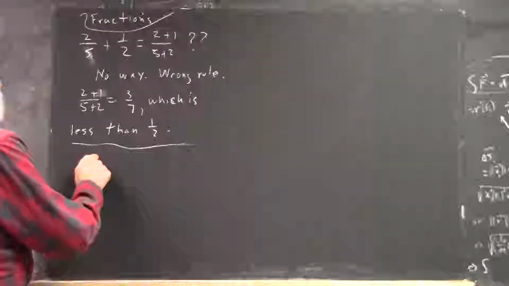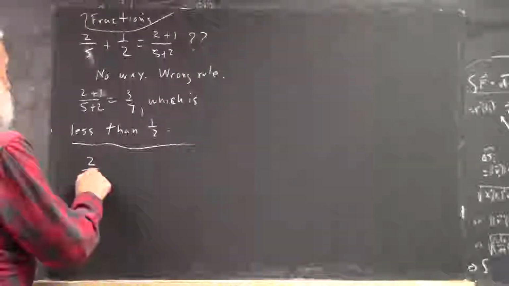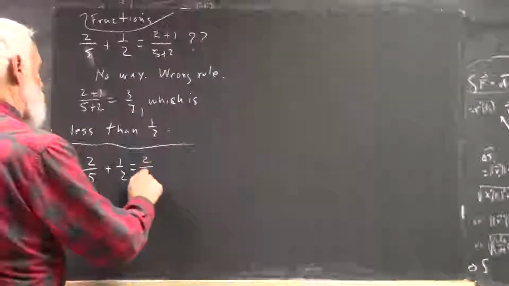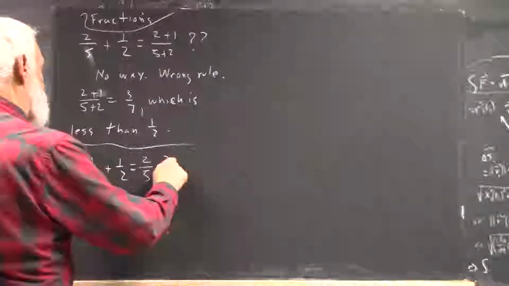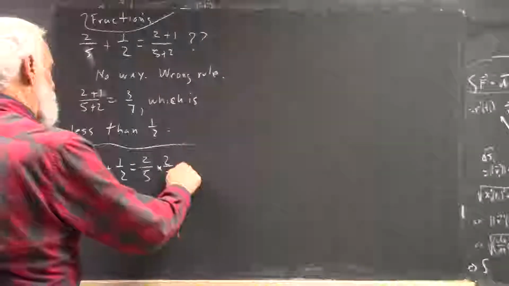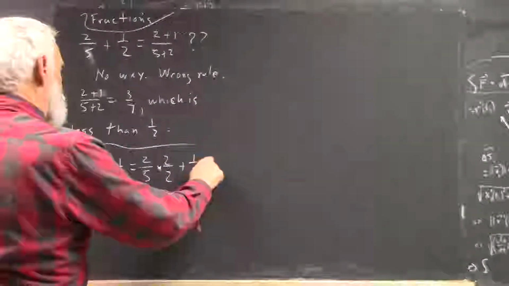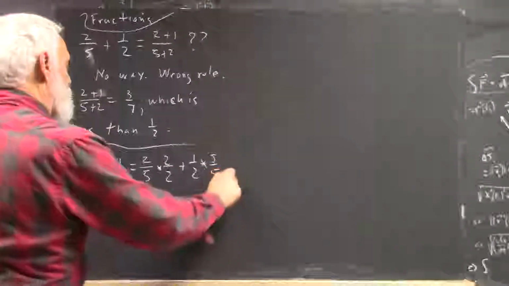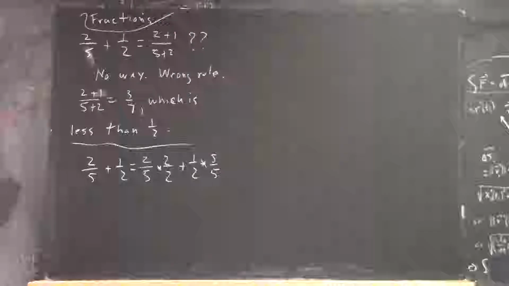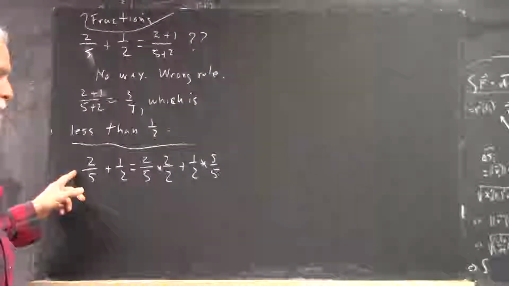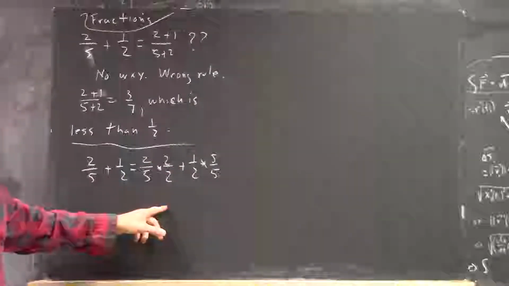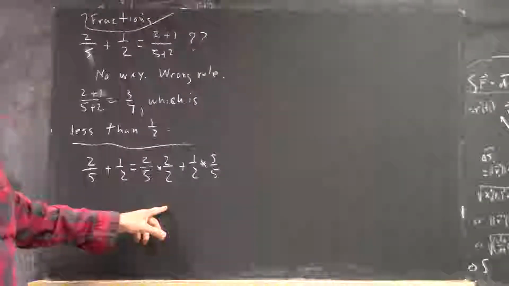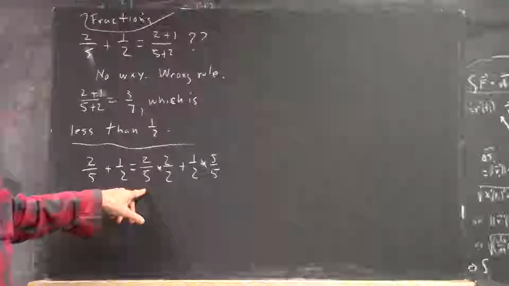What you do is, okay, well, certainly I can say this. 2/5 is the same as 2/5 times 2/2, isn't it? Why is that? Because 2/2 is 1. Yeah, and 1 times 2/5 is just 2/5.